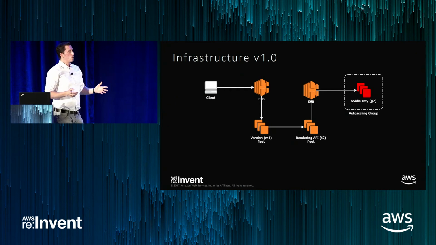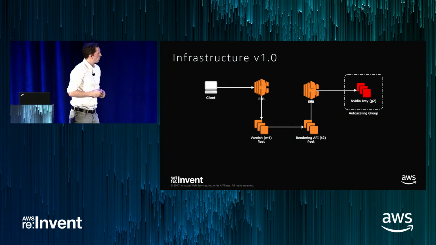It works extremely well if you have a high level of traffic, but not if you have around 100 users simultaneously doing some rendering. So we ended up many times with GPU machines being idle while others were crashing because they were rendering too many images in parallel.